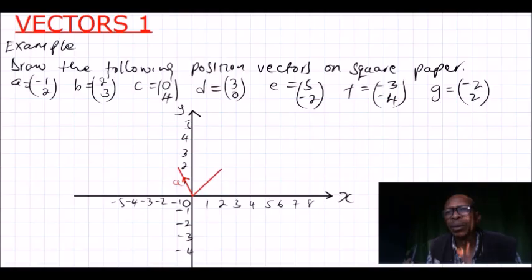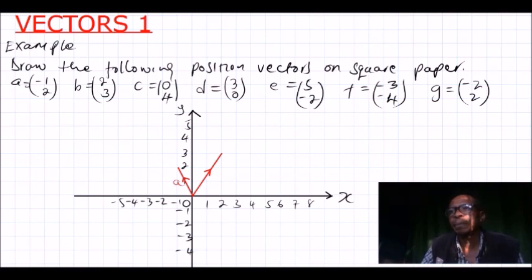So that is our position vector B. What does it mean? It means 2 units along the x-axis, 3 units along the y-axis.